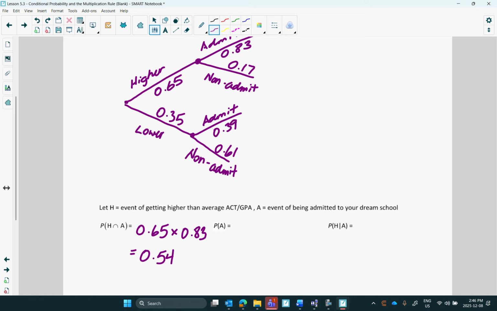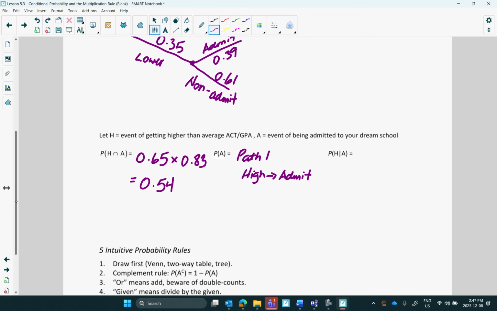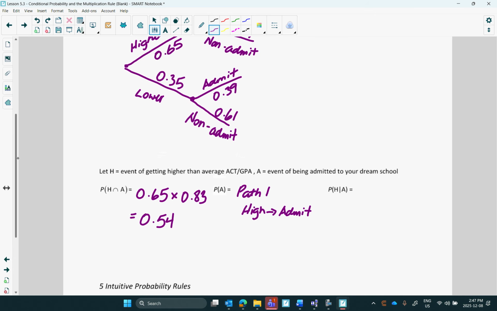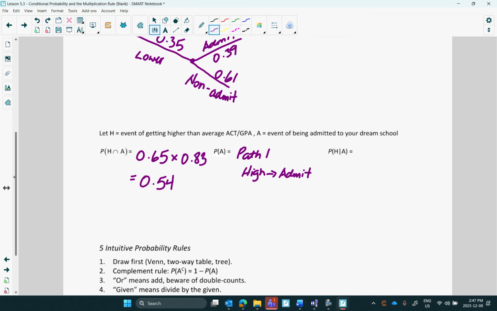So half one could be high, then admit. And that is the one we just did: 0.65 times 0.83, which gives us approximately 0.54.